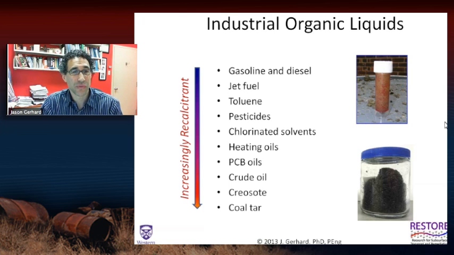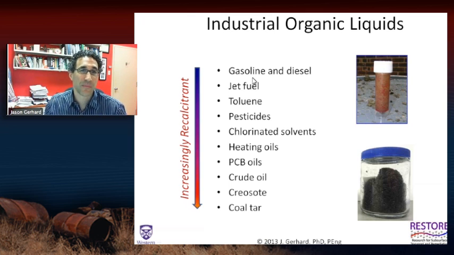So I just wanted to list a number of the NAPLs that we've talked about in this course. And I've listed them here from gasoline and diesel, the lighter end hydrocarbons, all the way up to chlorinated solvents, which of course we've been talking about a lot in this course, right up through crude oil, creosote, and coal tar. And I've tried to list them in approximately increasing order of recalcitrance. And by that I mean that they're more and more difficult to remediate.